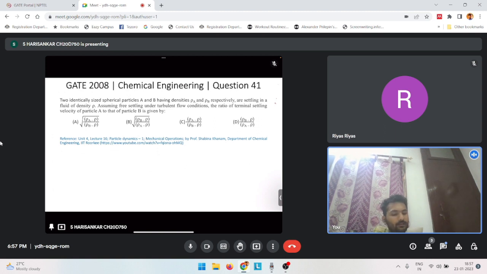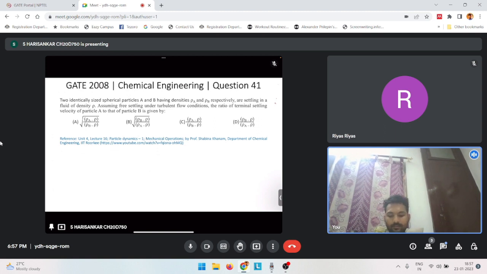Assuming free settling under turbulent flow conditions, the ratio of terminal settling velocity of particle A to that of particle B is given by dash, and the four options are given as below. So this is a question from terminal settling velocity from mechanical operations, and the reference NPTEL videos can be found in Unit 4, Lecture 16, Particle Dynamics 1, Mechanical Operations by Professor Shabina Khanam, Department of Chemical Engineering, IIT Roorkee.